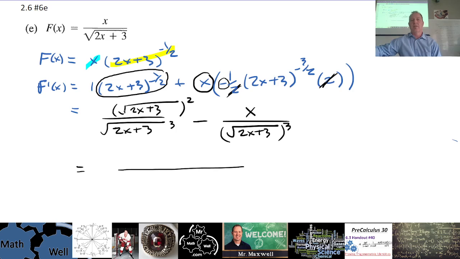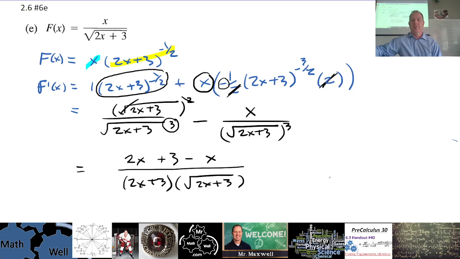First, when you have a square root squared, it cancels out, so you end up with just this on top. The other thing is, if you have this cube down here, that means you have at least 2 of them multiplied together, so you have a 2x plus 3 times a root 2x plus 3. Technically, that's simplified.